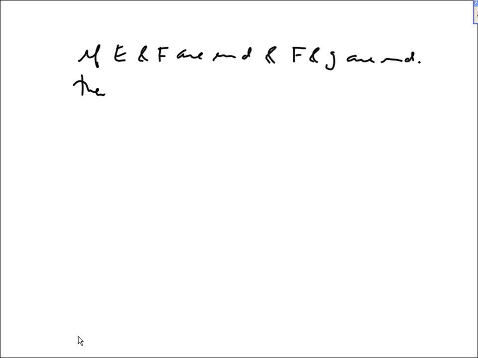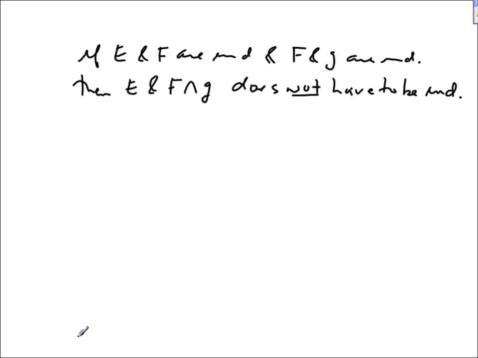Now, here's an interesting problem. Let me state what we notice in the conclusion. So, if E and F are independent and F and G are independent, then E and F intersect G does not have to be independent.